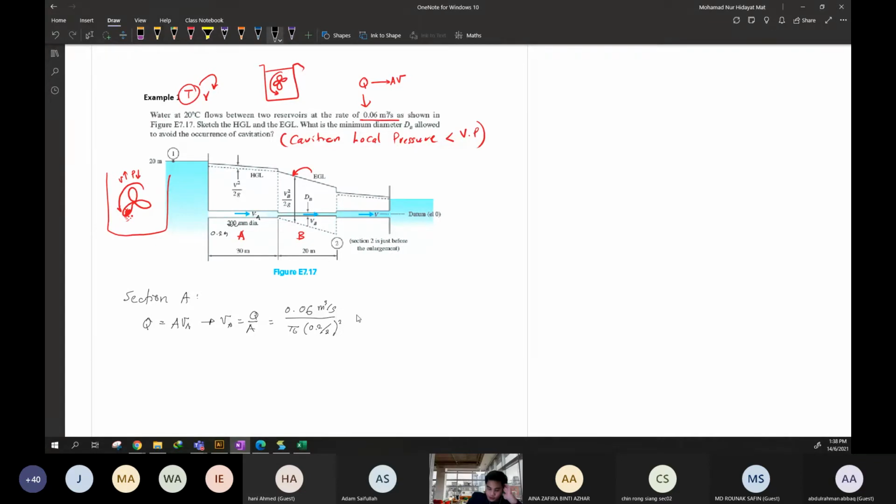So if you solve, you will find the answer is 1.91 meter per second. This is the velocity we already found.